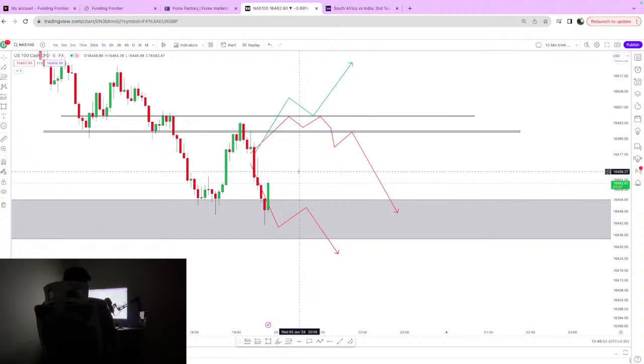That's it. But if right now I take an entry, I will not be doing justice to myself because I'm not myself 100% sure about this trade. So when you are yourself not 100% sure, then just stay away. Because I highly feel that it may shoot down from here. It's not that for sure it will happen, but it can happen.